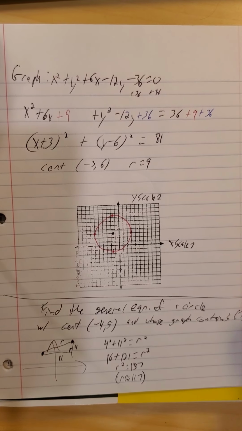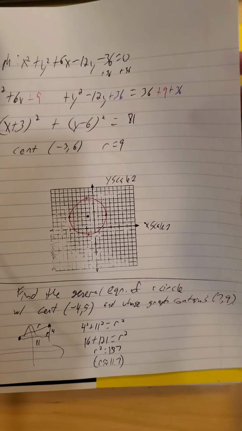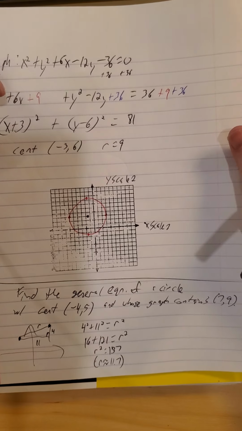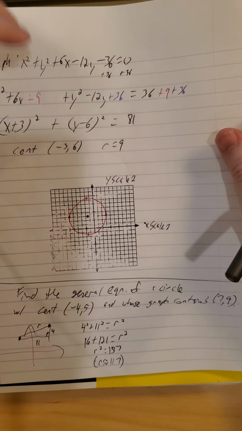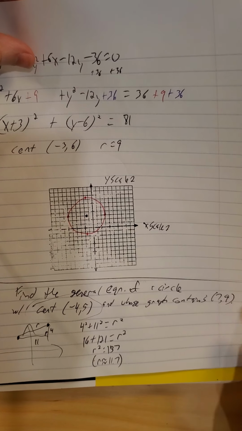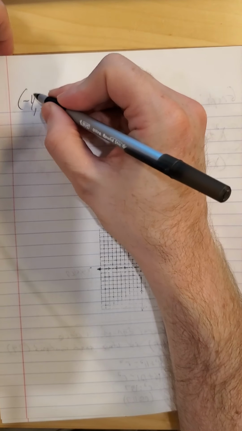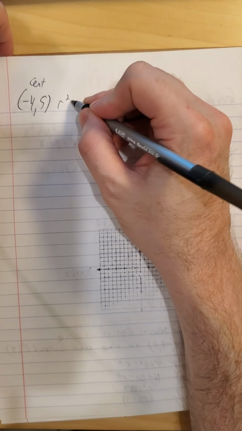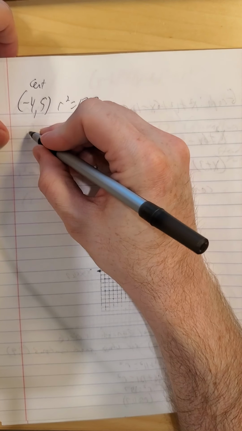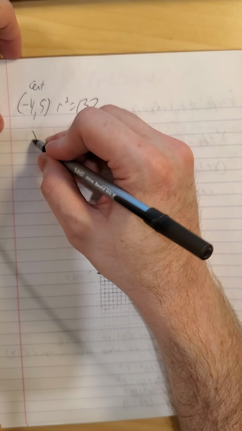Now, as far as writing the equation, kind of running out of room here, so we'll flip to the next page. So the key information that we need from this page, we have a center at negative 4, 5, and r squared is 137. So we're asked for the general form, but we'll have to start with the standard form first.